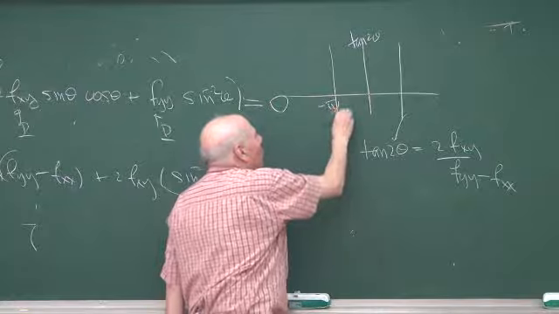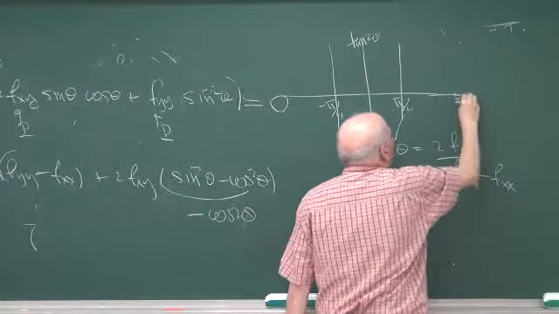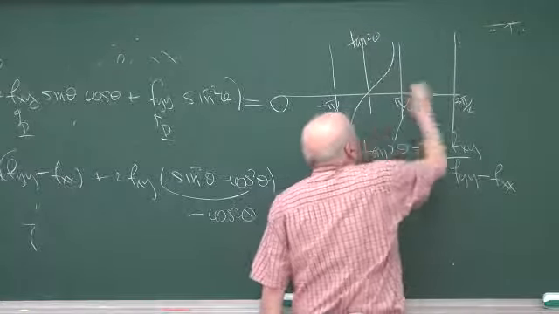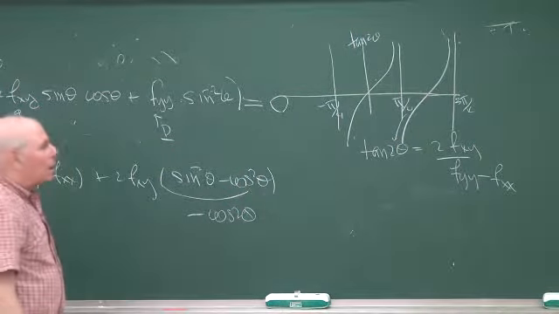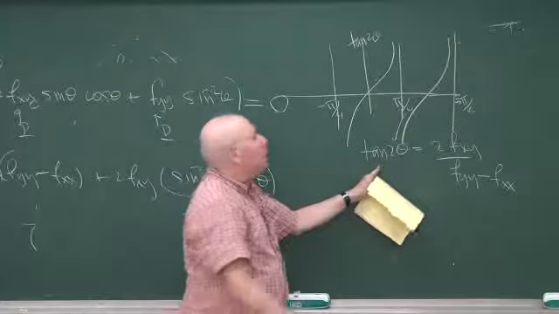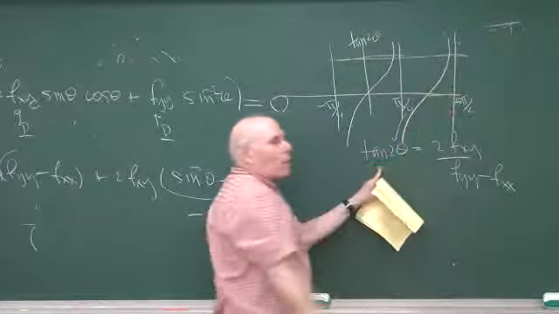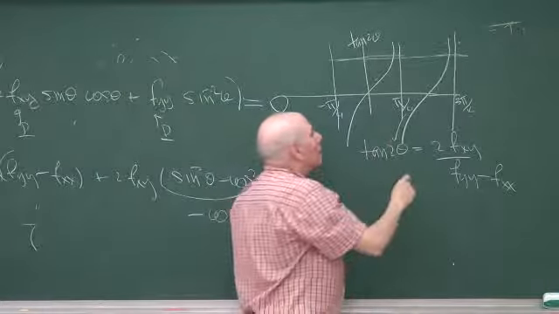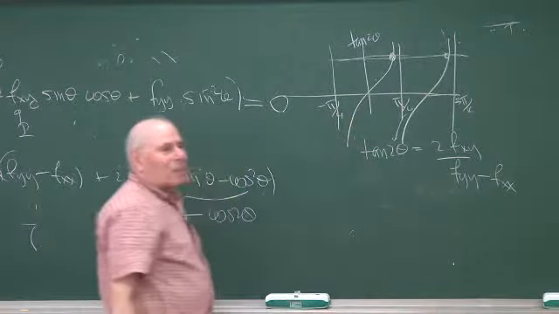It has asymptotes at minus pi over 4, plus pi over 4, and then 3 pi over 4, again. So given the right-hand side, find the left-hand side. That means given the right-hand side, make a horizontal line and find the left-hand side. So what are the solutions? Here's one, here's the other, and then all the others, you just add on.